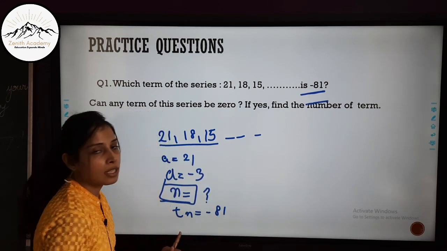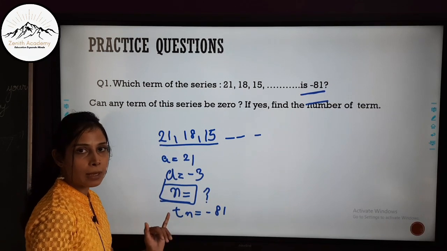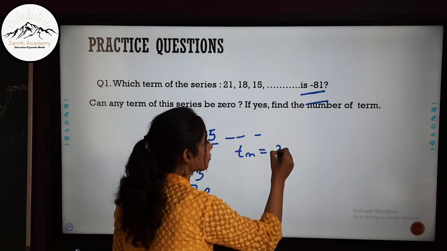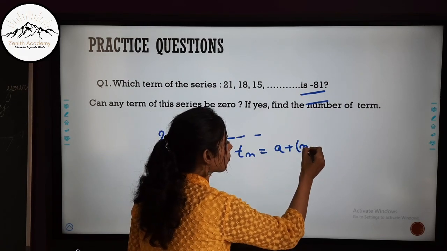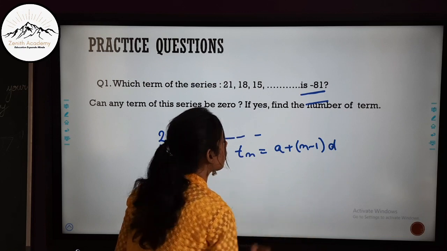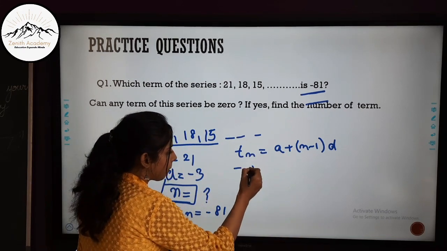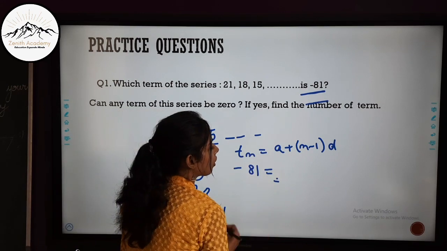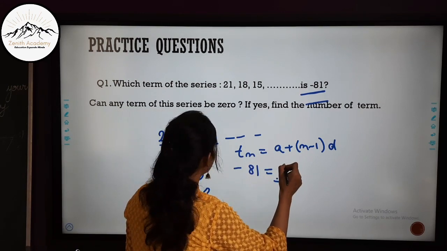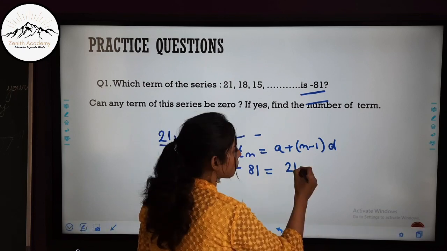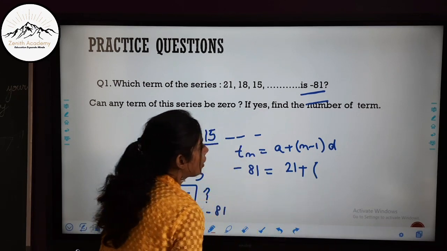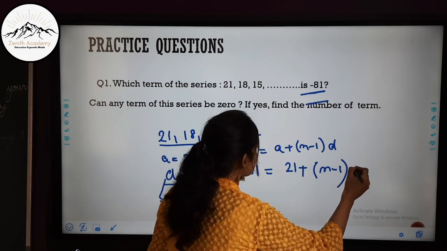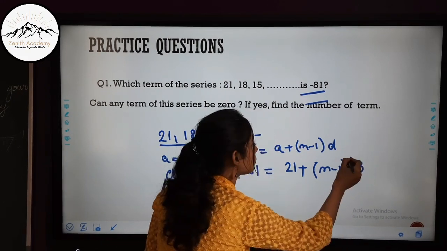So putting this in our formula, Tn is equals to A plus n minus 1 into D, we'll get minus 81 is our nth term, A is 21 plus n minus 1, n we don't know, and D is equals to minus 3.